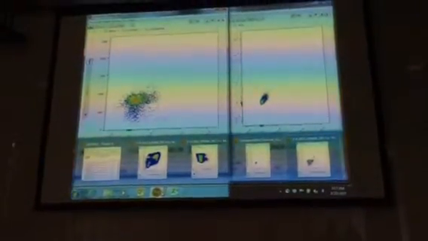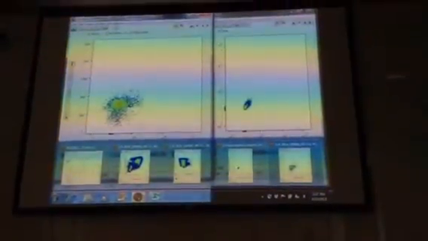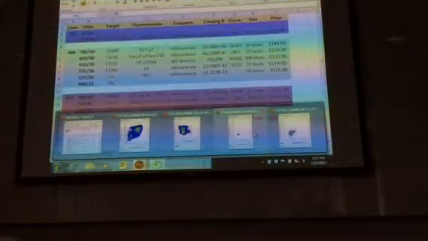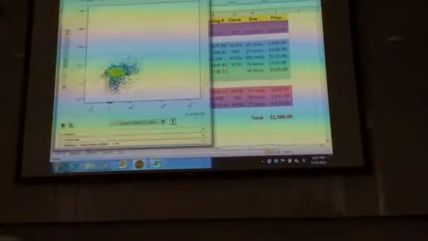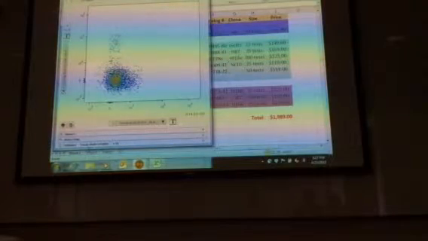Then the CD45RA APC. This one is 633, 780, 60. Okay.